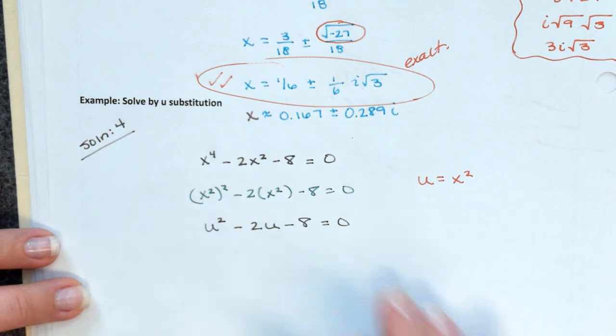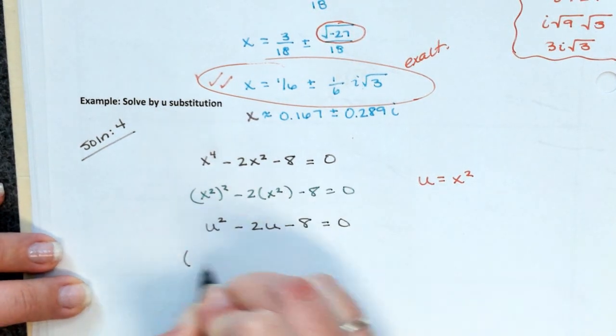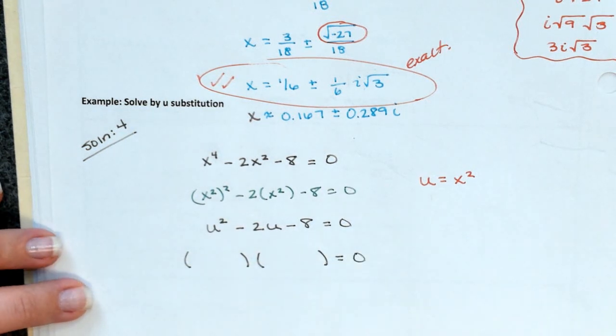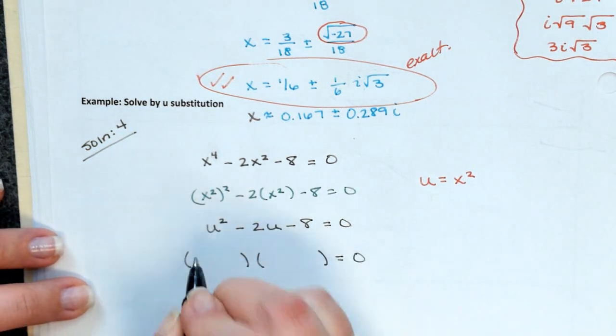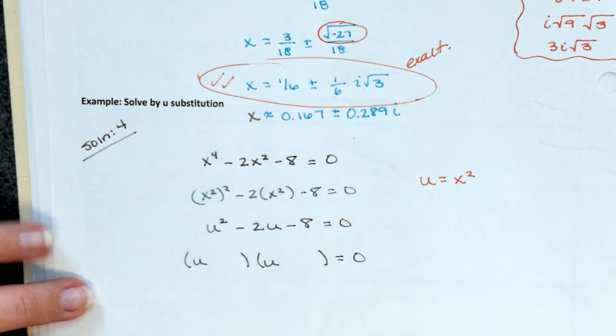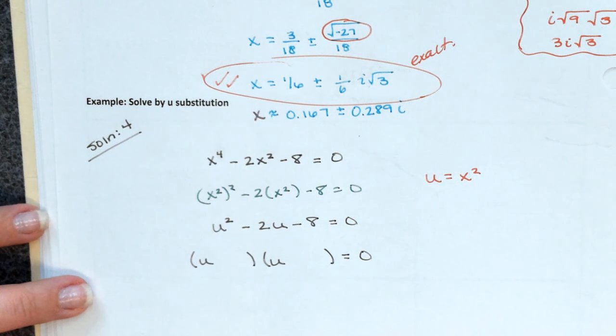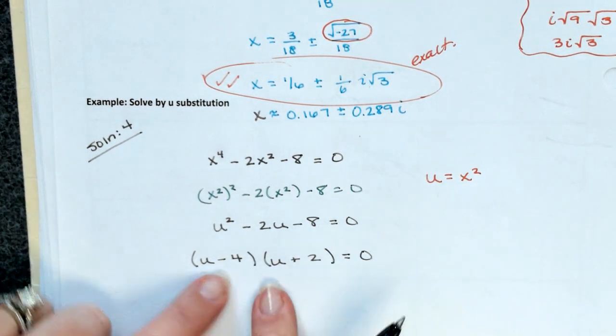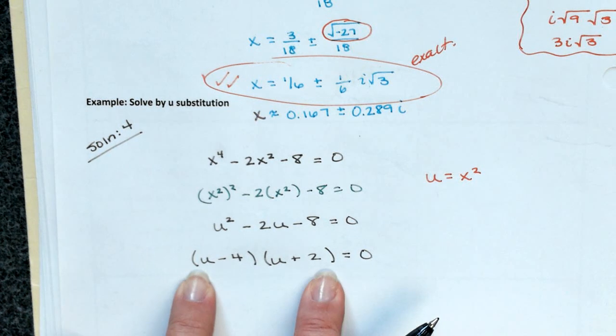Well, I can factor a quadratic. We practiced that already. So I go right to factoring. The first times the first has to be u times u. My last times the last has to multiply to negative 8. So I could do minus 4 and positive 2. When I FOIL this, my outside will be 2u.